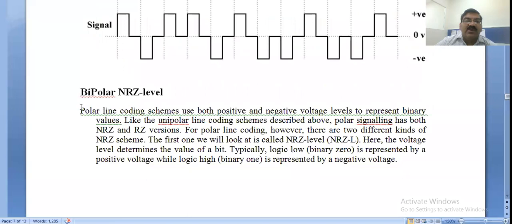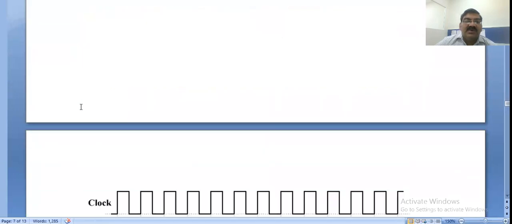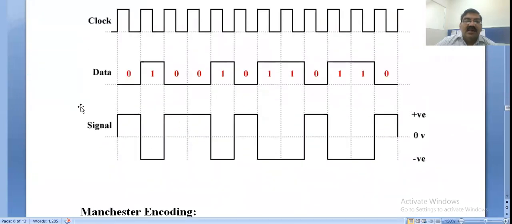And this is bipolar NRZ. If you see the bipolar NRZ, again voltage is positive and negative. For 1 it is negative, 1 it is negative, 1 again negative. So it is not returning to 0. For the complete period, it remains there.